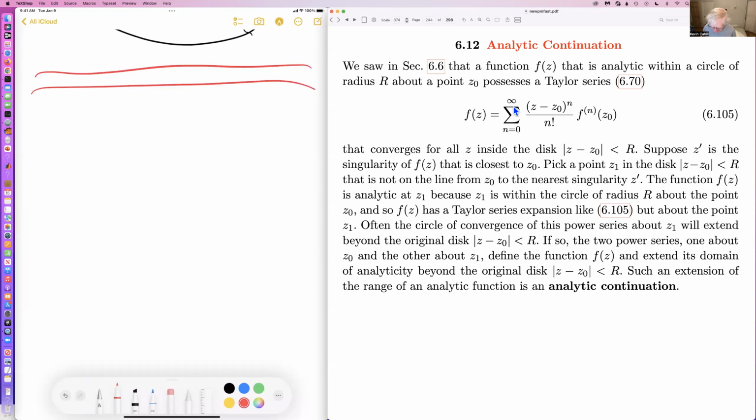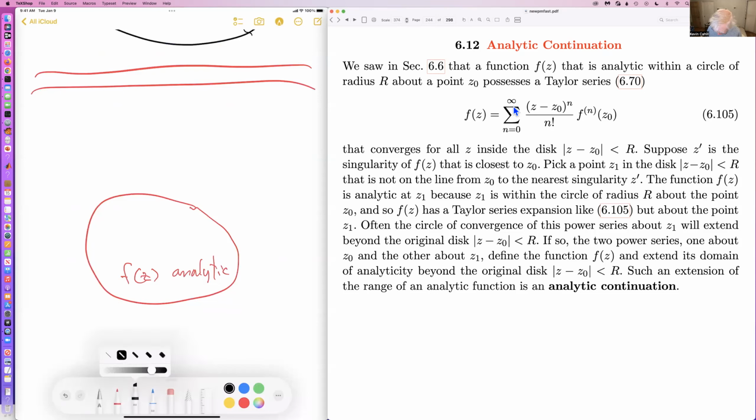The basic idea is that if you have a function f of z that's analytic in this region, then what you can do is imagine doing a Taylor series about some point that's near the edge.